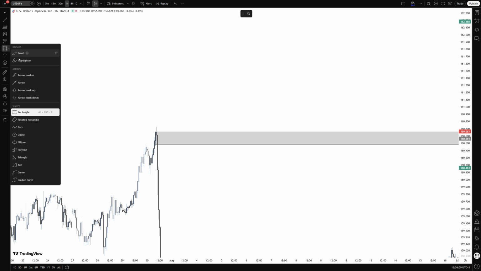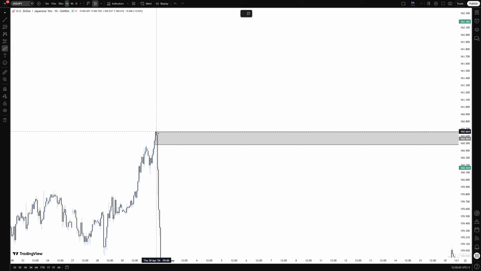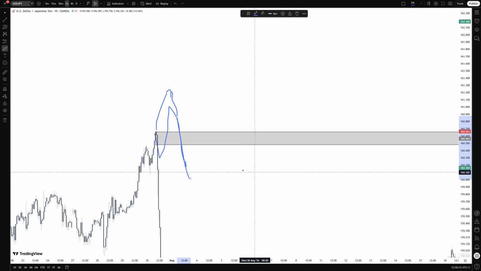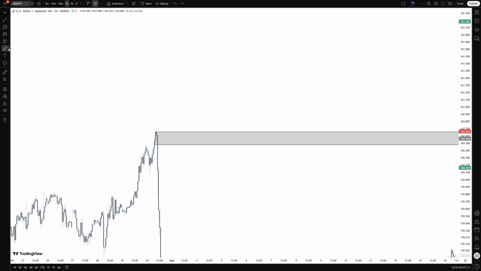Let's just imagine, right? It went up, and then it traced back again. So retracements, boom. So we have two zones, for example.